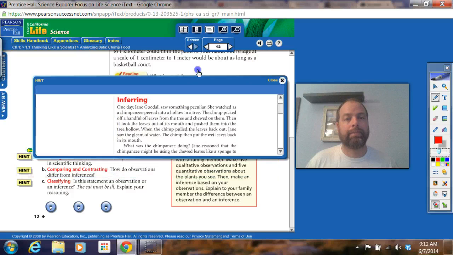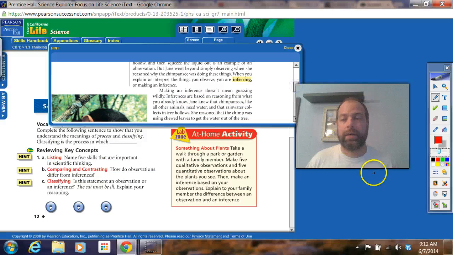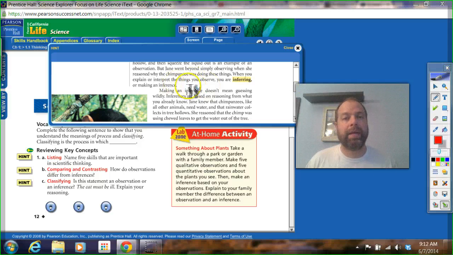What is inferring? If you remember in the reading or in the PowerPoint or the presentation, inferring means interpreting or explaining the things you observe.